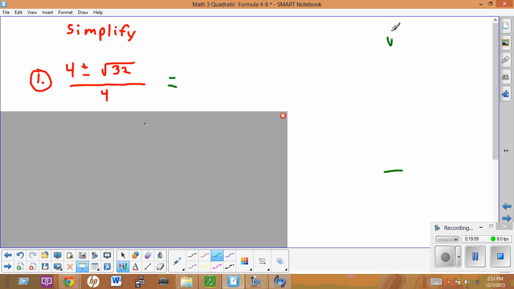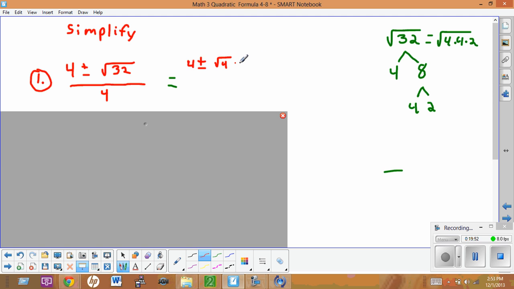Okay, the square root of 32 looks to be 4 times 8, and 4 times 4. So I can rewrite the square root of 32 as the square root of 4 times the square root of 4 times the square root of 2. So this actually becomes 4 plus or minus the square root of 4, and remember, the properties say we can break this up, times the square root of 4 times the square root of 2, all over 4.